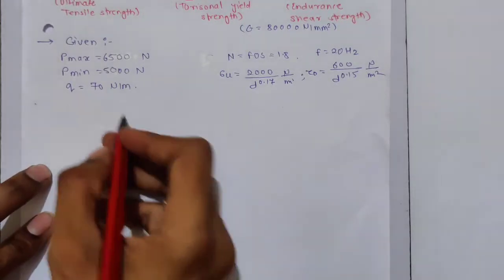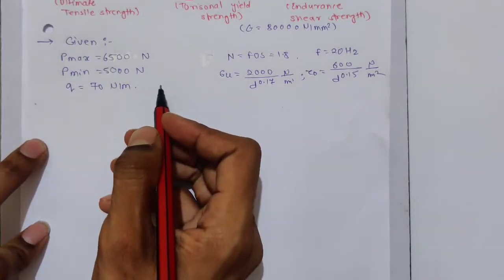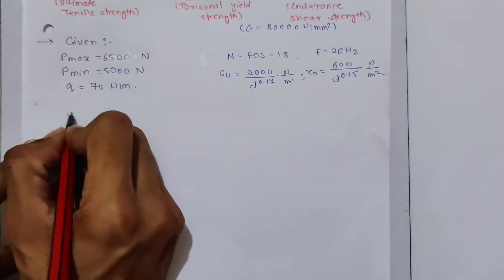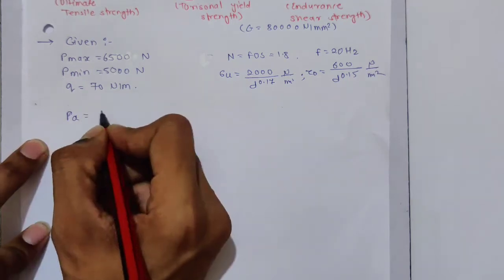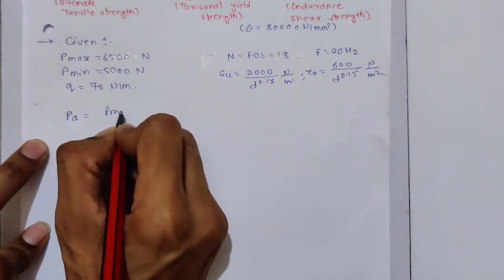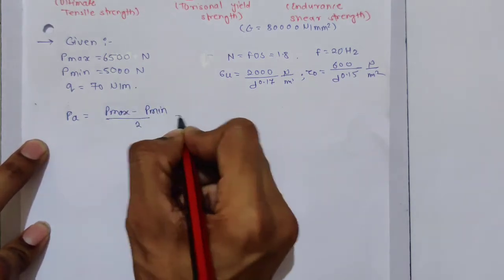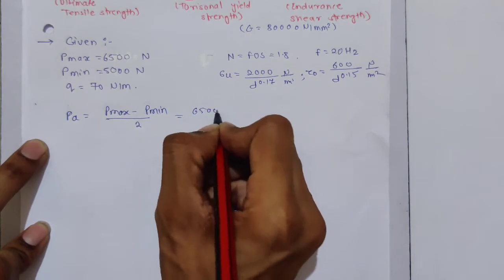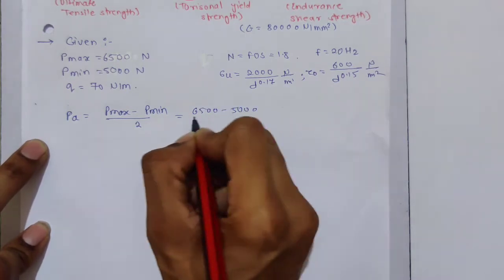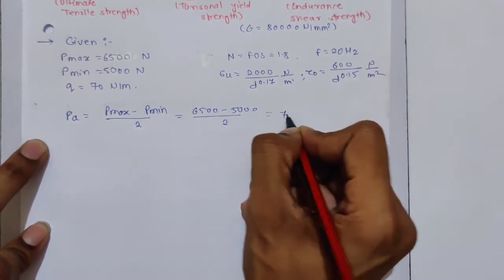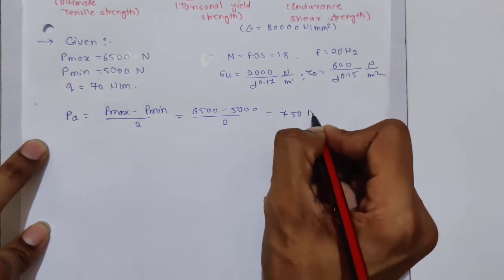So now first we find amplitude load and mean load. PA is equal to amplitude load, that is P max minus P min divided by 2. So it is 6500 minus 5000 divided by 2, so it is 750 Newton.